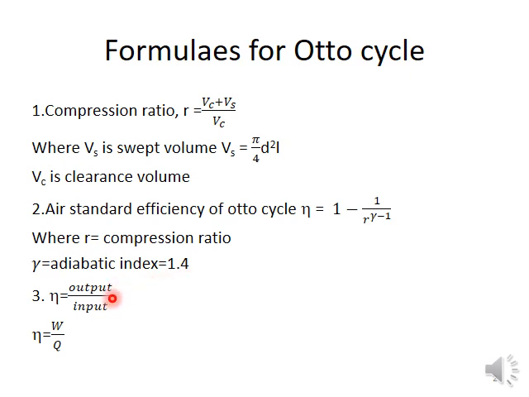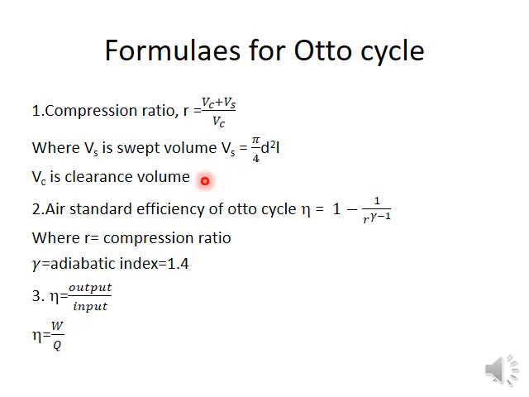Output is the work done by the Otto cycle, and input is the heat supplied to the system at constant volume, represented by Q1. So efficiency is W by Q1, and we can write W as heat supplied minus heat rejected.